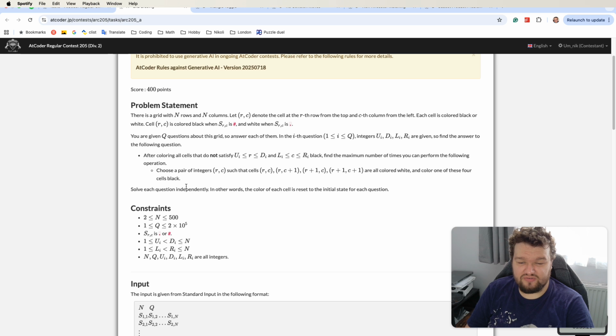Choose a 2x2 square that is white and color one of these 4 cells black. Okay, but since we're coloring outside into black, it just means that basically we cut this rectangle and solve the problem on this rectangle. So it's actually queries on a subrectangle.